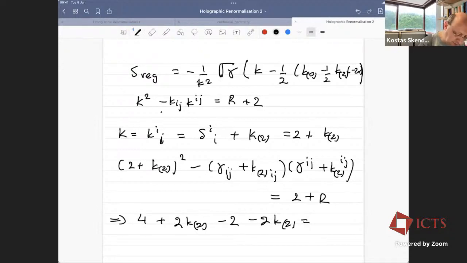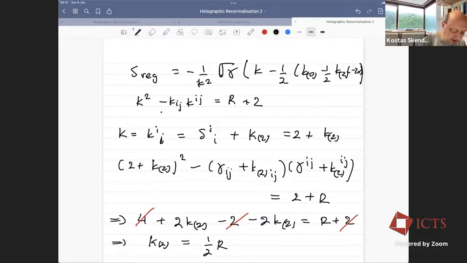So this should be equal to 2R plus 2. And now you can see the constants match. And then the rest tells us that K2 is equal to 1/2 R.